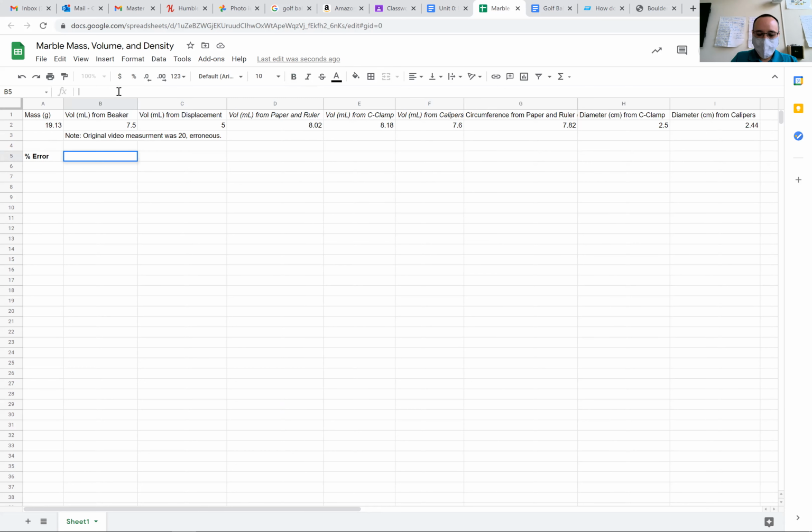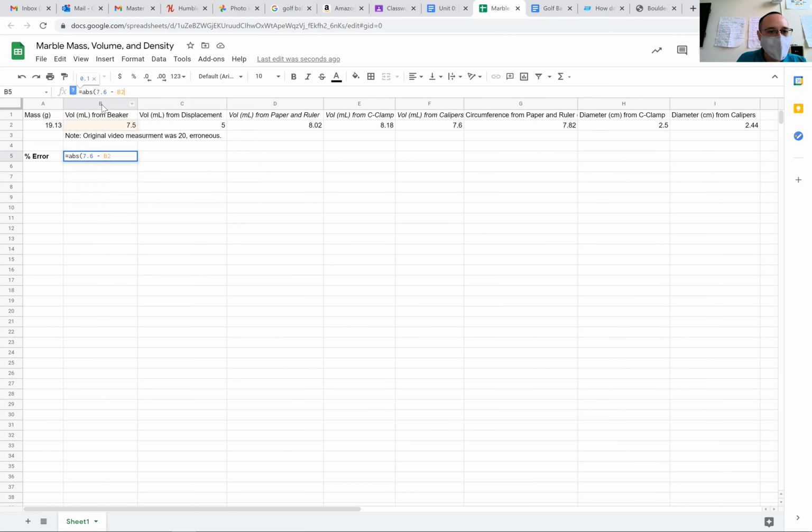And how am I going to set that formula up? It turns out that Google Sheets is super useful, right? When you want to, you can enter a formula into Google Sheets. So I'm going to go equals ABS, that's the absolute value, of 7.6 minus, and now I'm going to reference this particular cell. This is B2, cell B2.